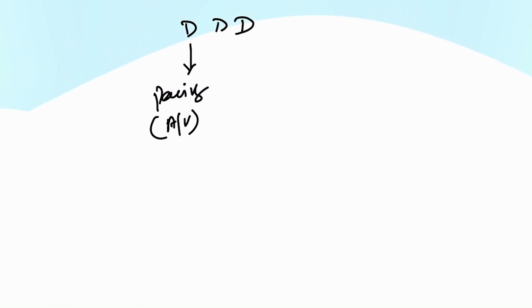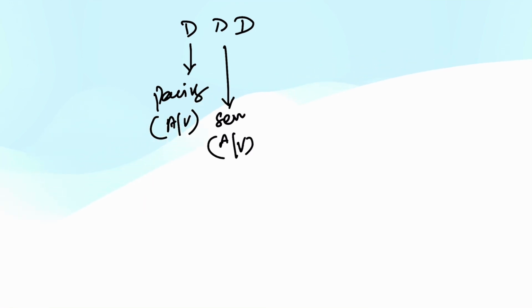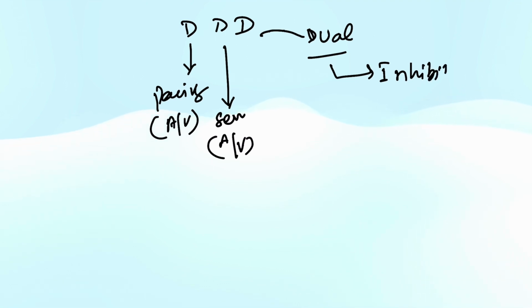Another example we can see is the DDD mode. It paces both atria and ventricle, senses both atria and ventricle, and the response to sensing will be dual, meaning it will either inhibit or trigger depending upon the clinical scenario.